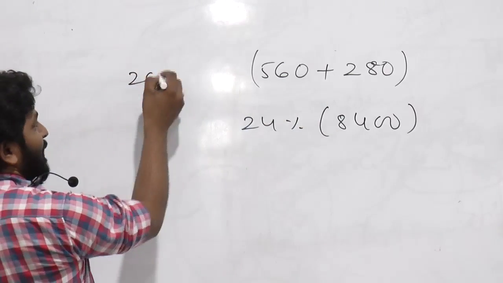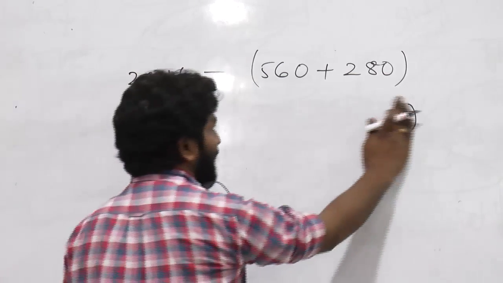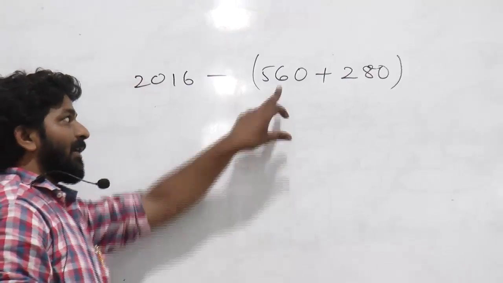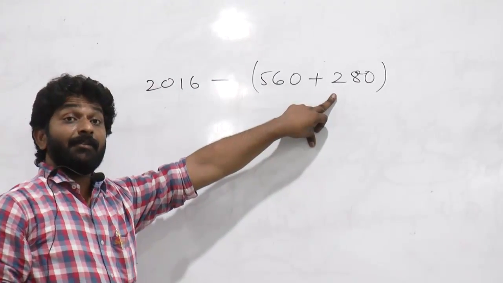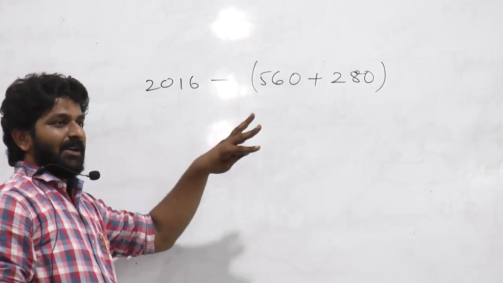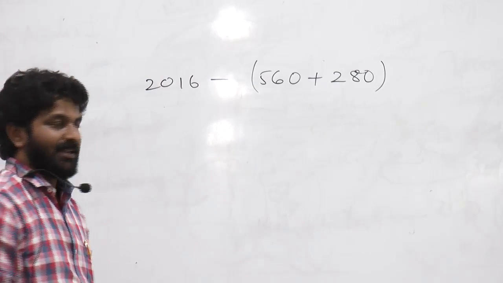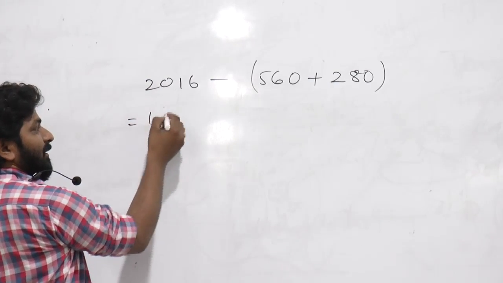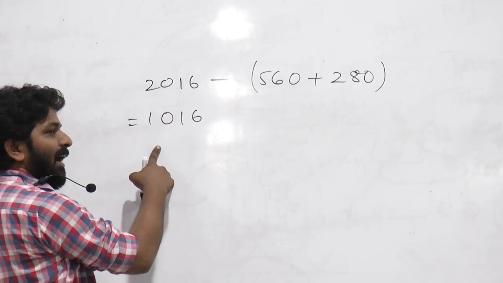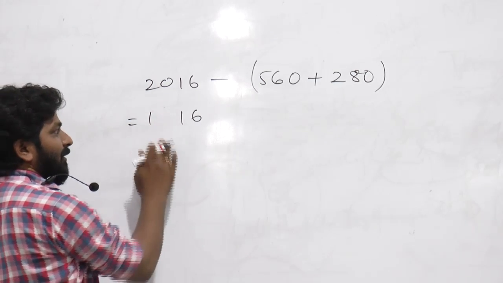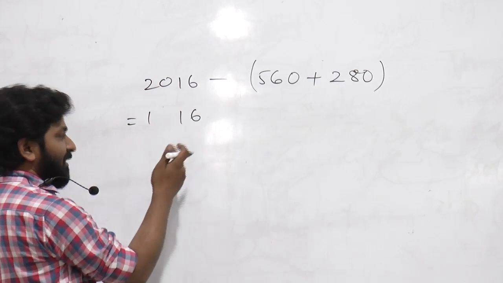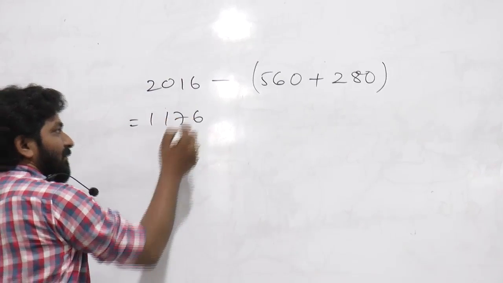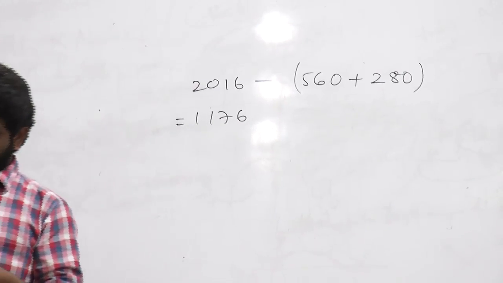So our number is 2,016, and from this you need to subtract 560 plus 280, that is 840. Subtract 1000, add 160. Subtract 1000, 1016, add 160. The answer is 1176.